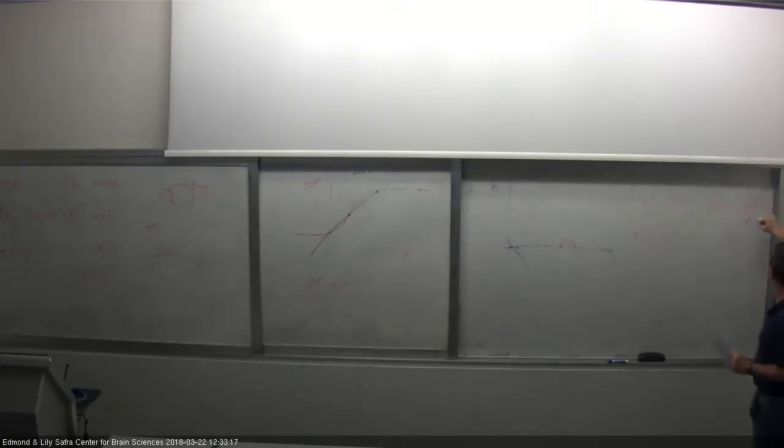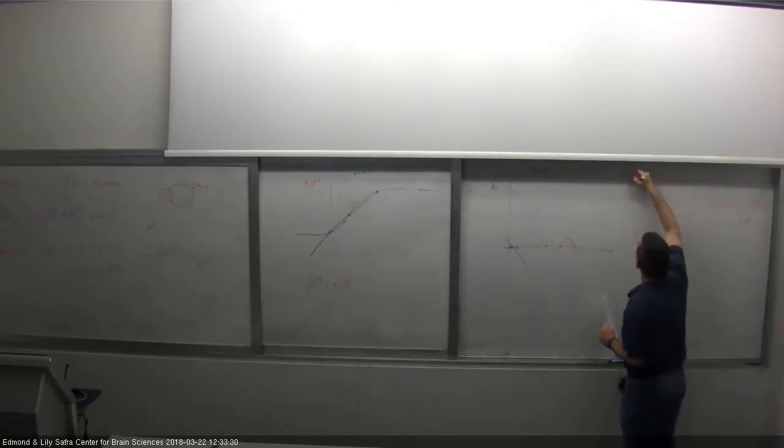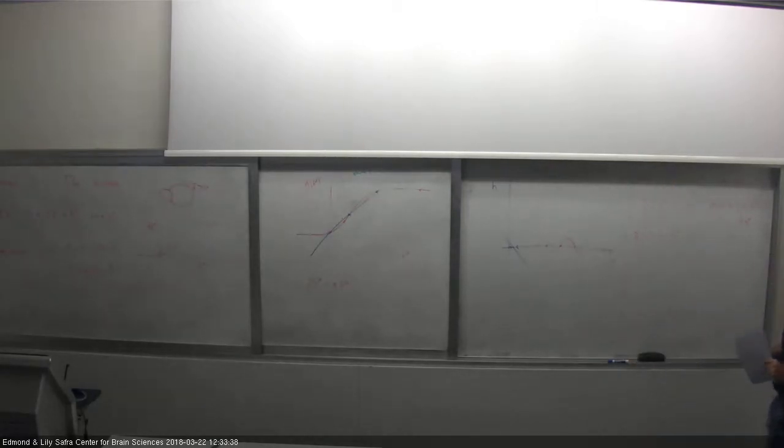What can we do with this second term? What can we say about g of h star plus delta h if delta h is small?